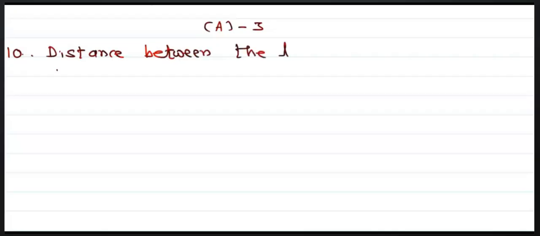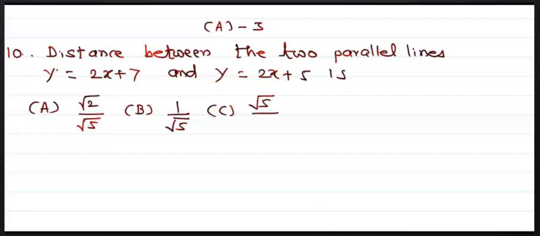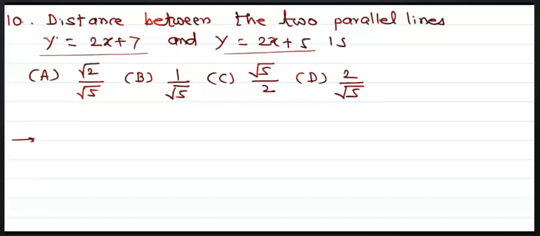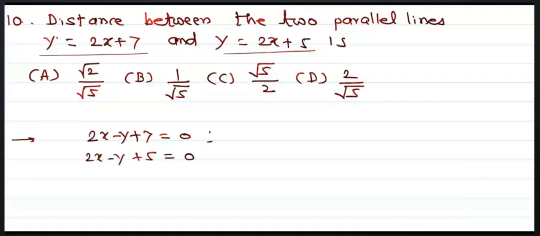Distance between the two parallel lines y is equal to 2x plus 7 and y is equal to 2x plus 5 is: a is root 2 upon root 5, b is 1 upon root 5, c is root 5 upon 2 and d is 2 upon root 5. That is 2x minus y plus 7 is equal to 0 and 2x minus y plus 5 is equal to 0.